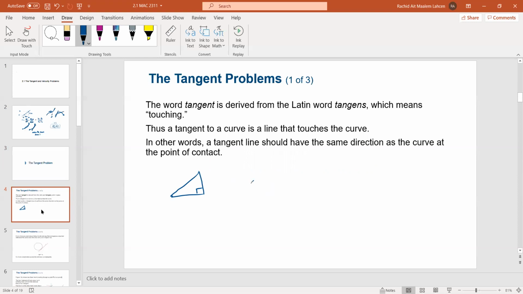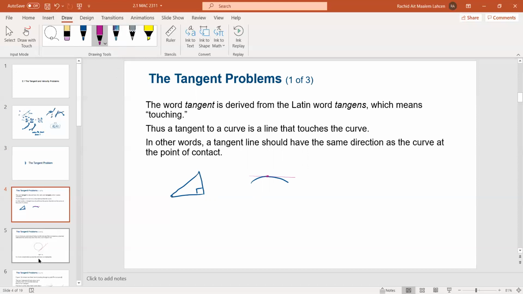We're talking here about a tangent, which is derived from this Latin word tangens, which means touching. Right? So the tangent to a curve is a line that touches this curve, all right? But it should have the same direction as the curve at the point of contact, all right?